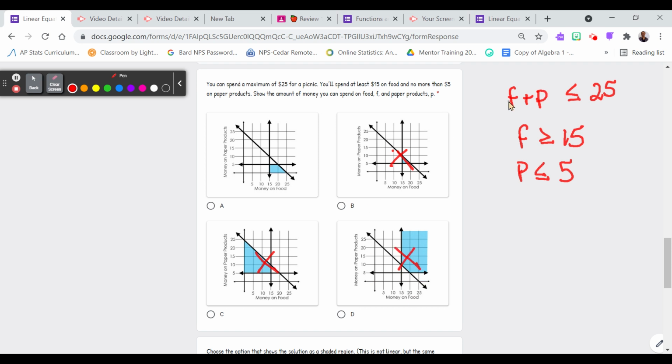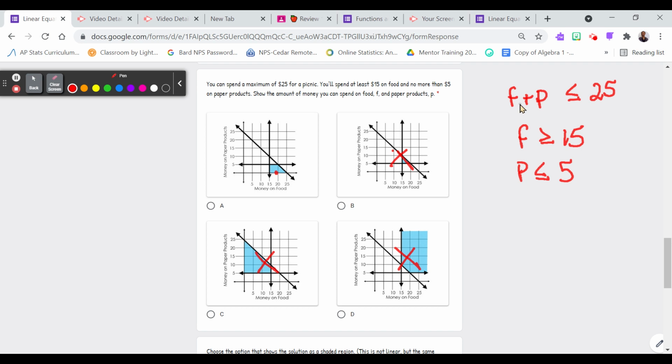Okay, and then finally it says F plus P must be less than or equal to 25. So if I pick a point like this one, 20 and 0, that's less than or equal to 25, so that works out. But we've already eliminated all of them, so it really is A. But I could just make sure that this works out. We have 2 variables, so it's clearly going to be some sort of line.